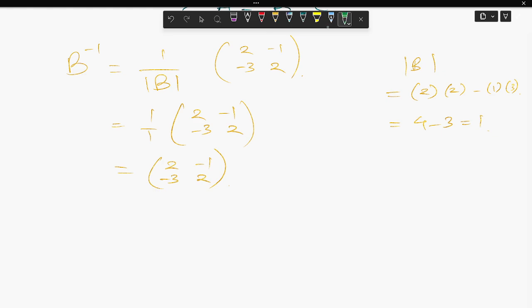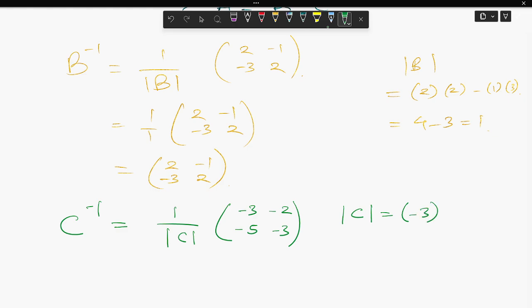Now similarly we are going to find C inverse. C inverse will be 1 by det C into the adjoint matrix of C. Our det C is equal to minus 3 into minus 3 minus minus 2 into minus 5, so that is 9 minus 10, which will be minus 1.